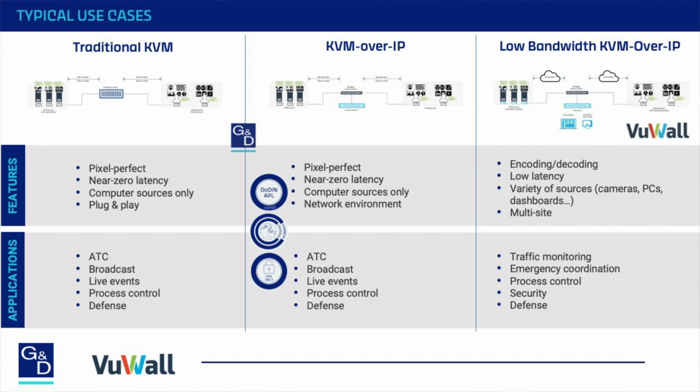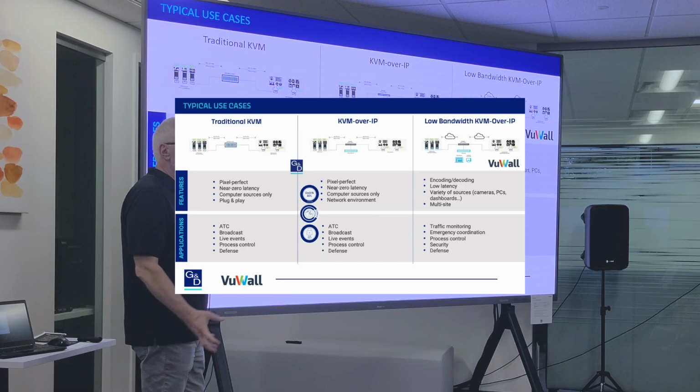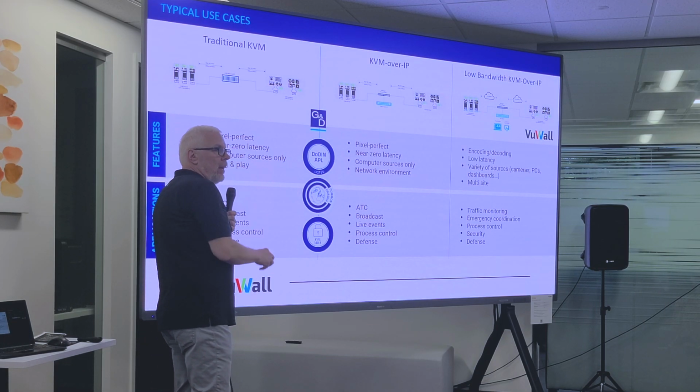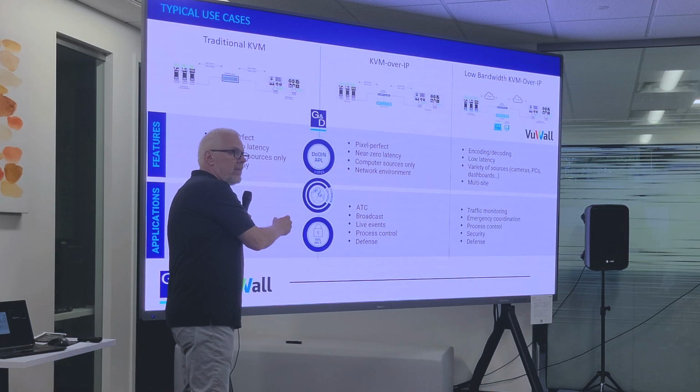The low bandwidth KVM-over-IP is where you would use it when you have a lot of different types of sources, where on the destination you need a multi-view, multi-sources, and where you have a mix of cameras, computers, dashboards, and it's also very interesting for multi-site. That said, it doesn't mean that those two applications could not be seen together.